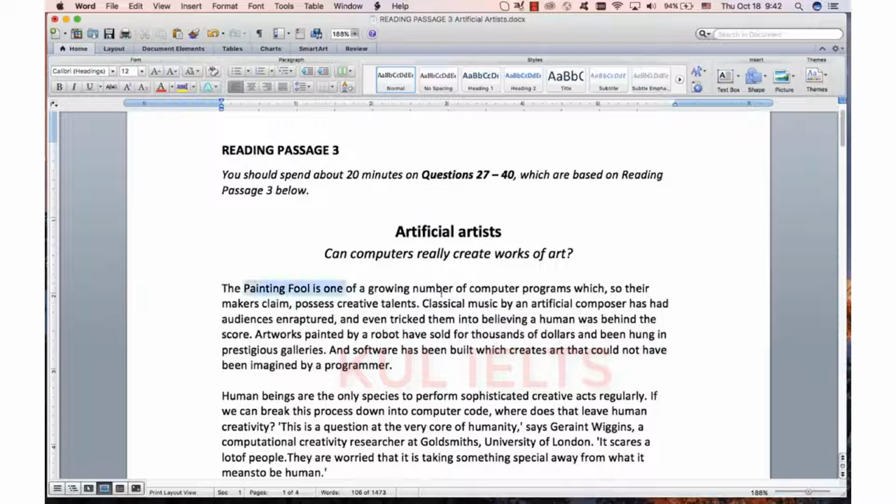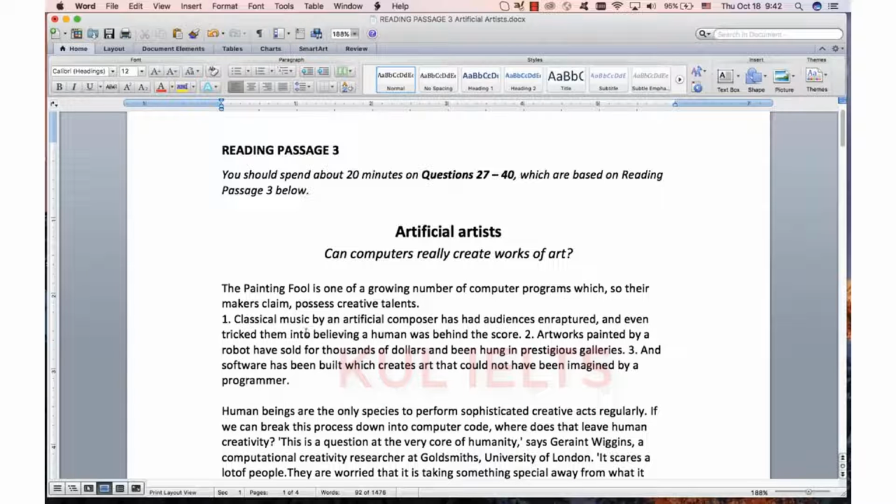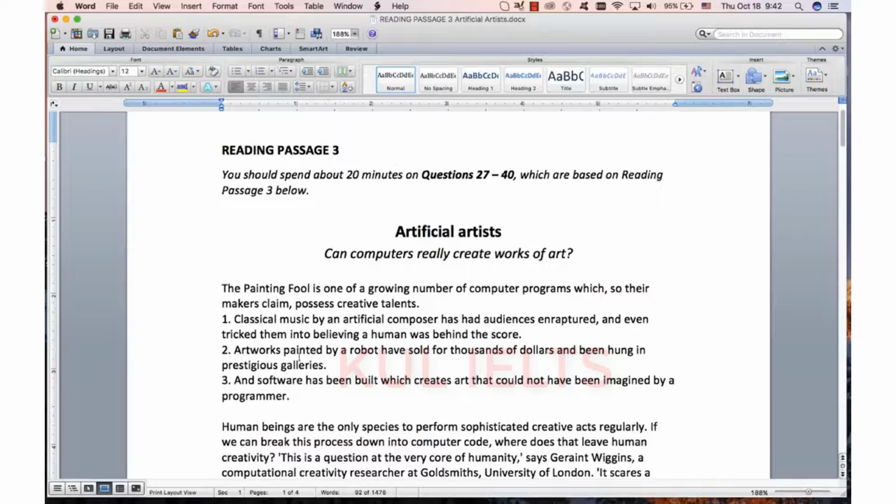So what is he saying over here? There's a growing number of computer programs which possess creative talents. And then what he does is he lists three things. For example, 1, classical music. 2, another example, artworks. And then 3, a third example, all to support his point. This is actually a list paragraph that looks like that.